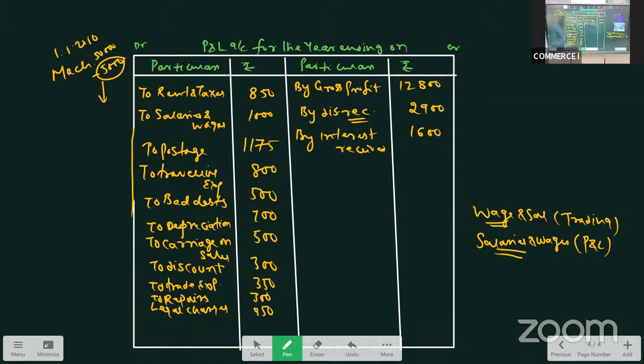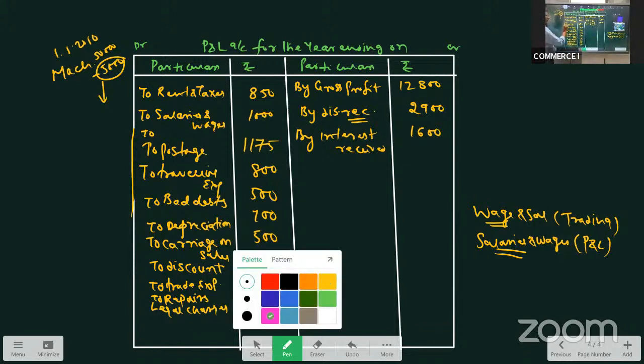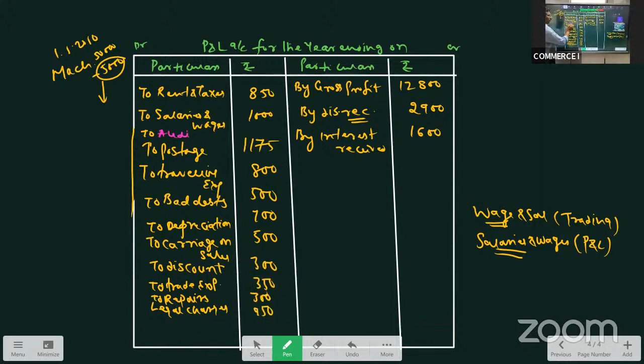Audit charges, I'll accommodate here. Audit charges are 375. We are done with writing all the entries in the profit and loss account.